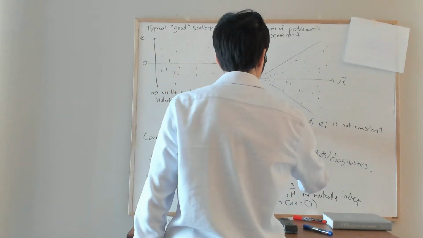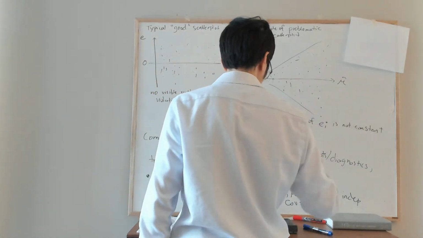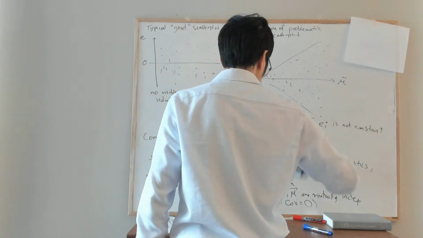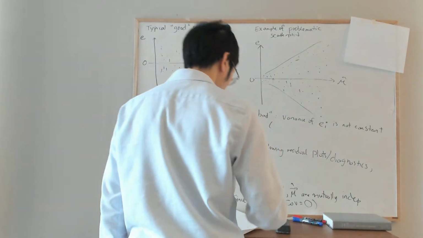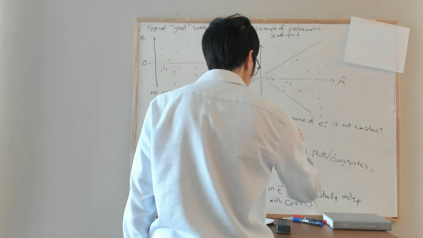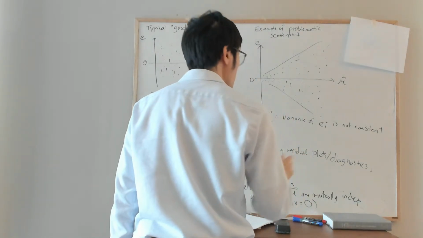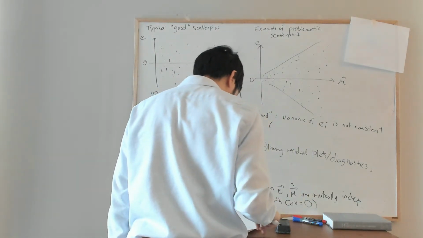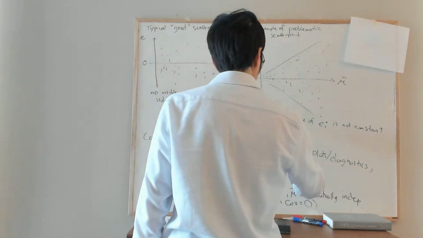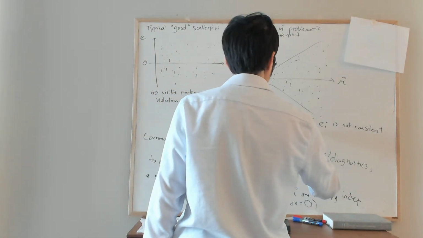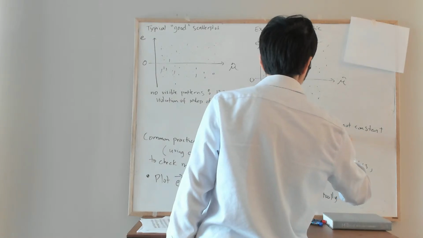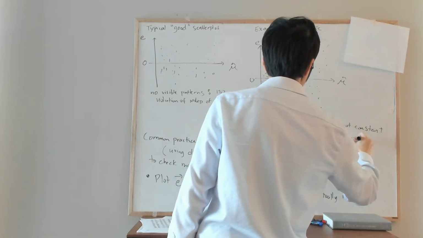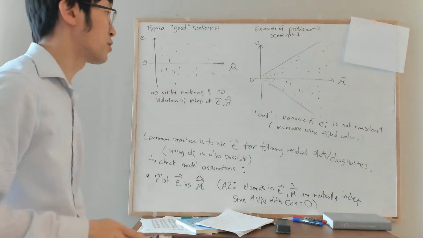This is a fairly common situation that can arise. The variance increases with the size of the fitted values, so higher fitted values have a higher variance.